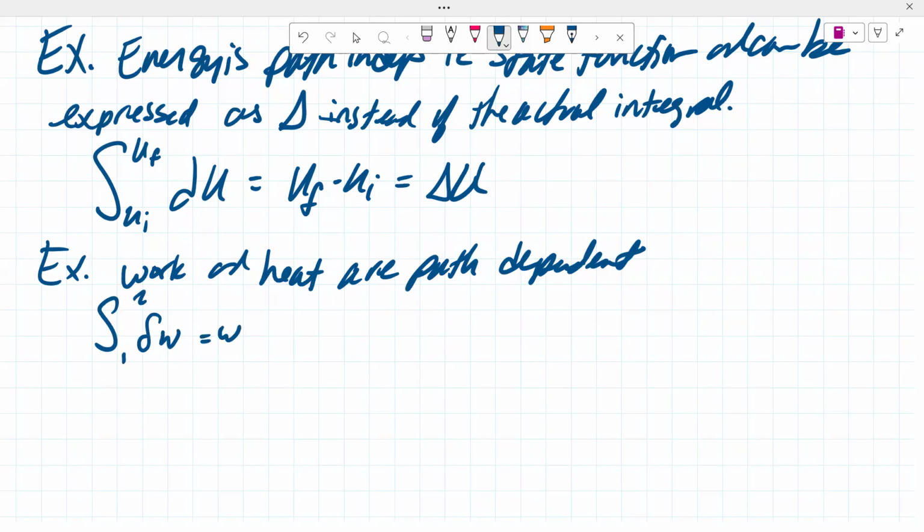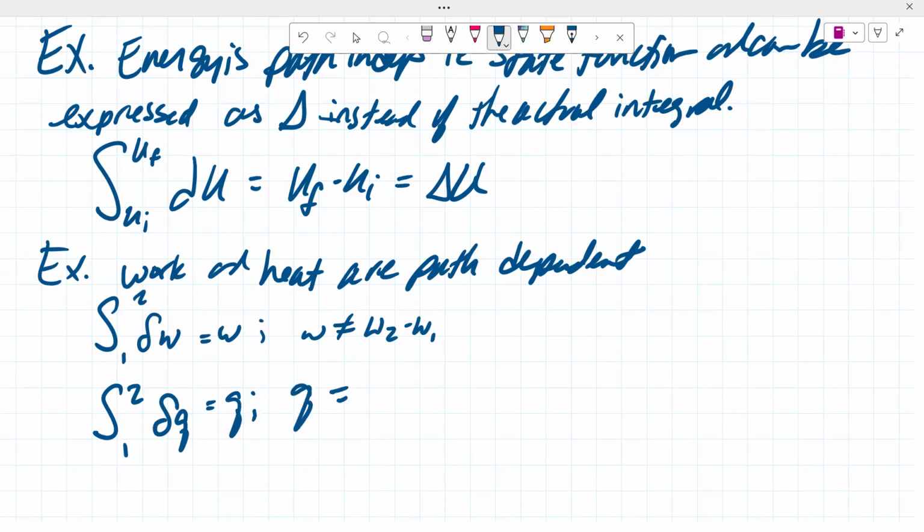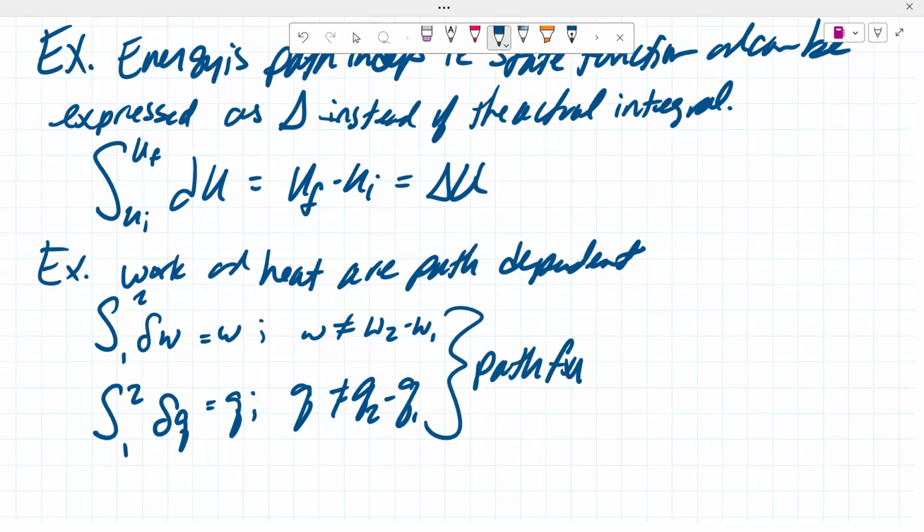In other words, work is not equal to W2 minus W1. And now we could also have the same thing about heat. So Q is for heat. Heat is not equal to Q2 minus Q1. In other words, these are path functions.